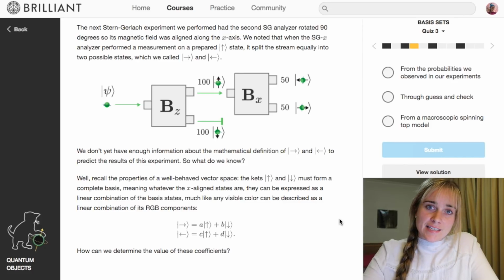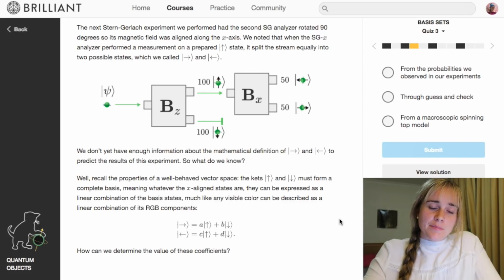We know that the spin right and spin left can be written as a linear combination of some amount spin up and some amount spin down, because what we worked through last time was wanting to have a well-behaved vector space.